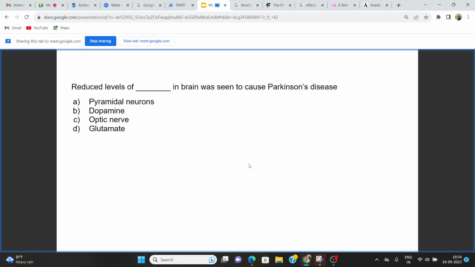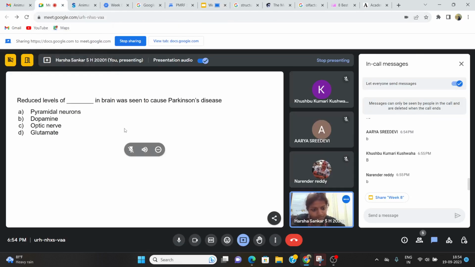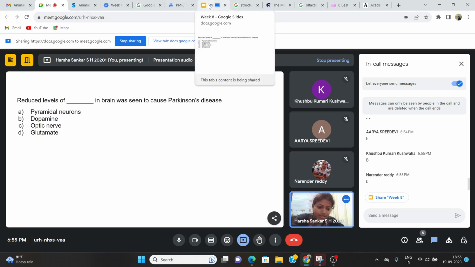Then, reduced level of dash in the brain was seen to cause Parkinson disease. Pyramidal neuron, dopamine, optic nerve, glutamate. Everyone is saying option B. It's correct. It's dopamine, because the dopaminergic neurons present across the substantia nigra start dying off.